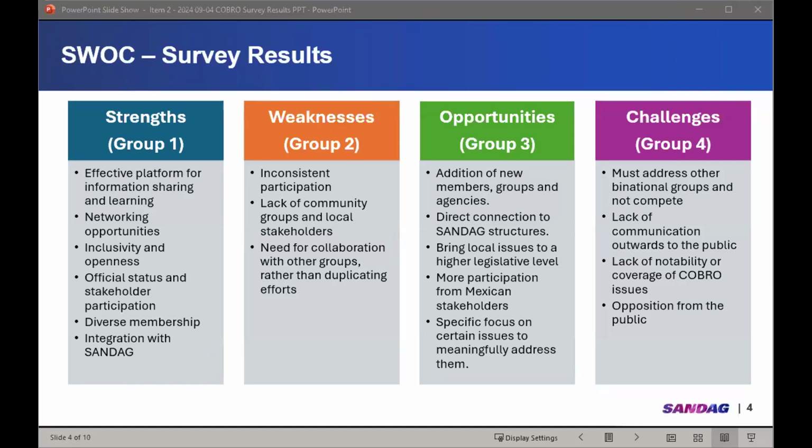Yeah, one thing I've noticed that is a bit lacking is that any direct feedback or action that COBRO could or would take doesn't seem to be happening. And I think maybe it's structural, in the sense that it's not a Brown Act designated working group of SANDAG anymore. It doesn't have that direct feedback or input to the Borders Committee, which is under the Borders purview.